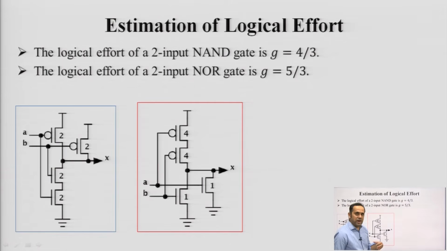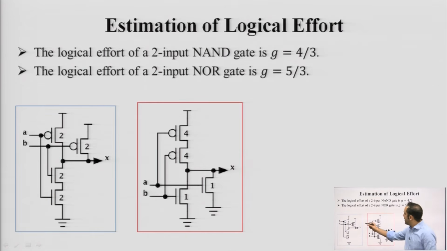Now, let us extend this example. There are 2 circuits shown on your slide. The one on the left, outlined in blue, is a 2 input NAND gate. The one on the right, highlighted in red, is a 2 input NOR gate.